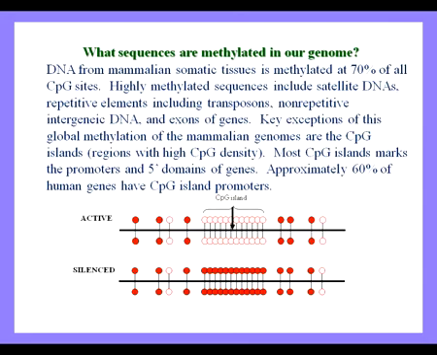Here is a cartoon which shows, in the upper panel, cytosines that are not methylated, although they are in CpG islands, and therefore they are actively transcribing. Metabolically they are active, but the moment they are methylated, shown with the red circles, they become silenced.